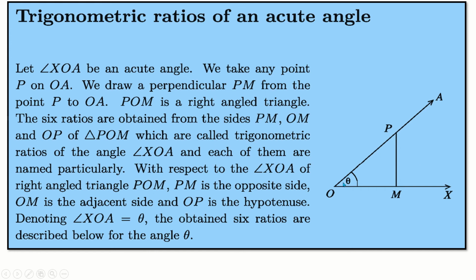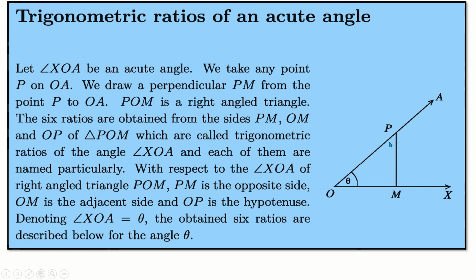Okay, this is the given angle, so we consider PM is the opposite side or perpendicular, and another, OM, is adjacent to the given angle. So OM is the adjacent side, or we can say base, and OP is the hypotenuse.